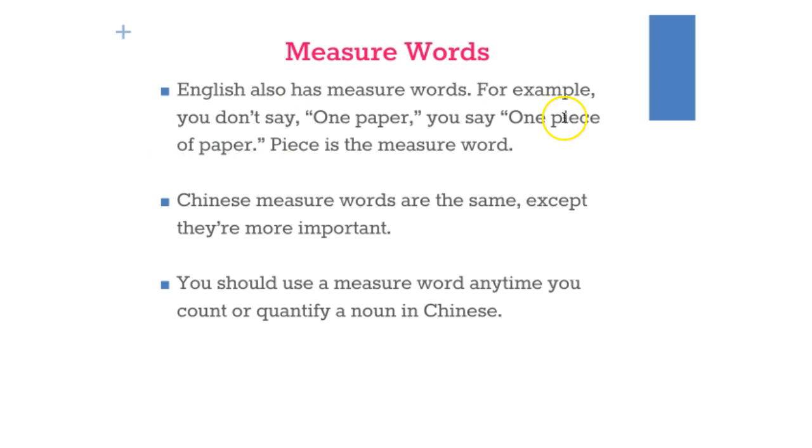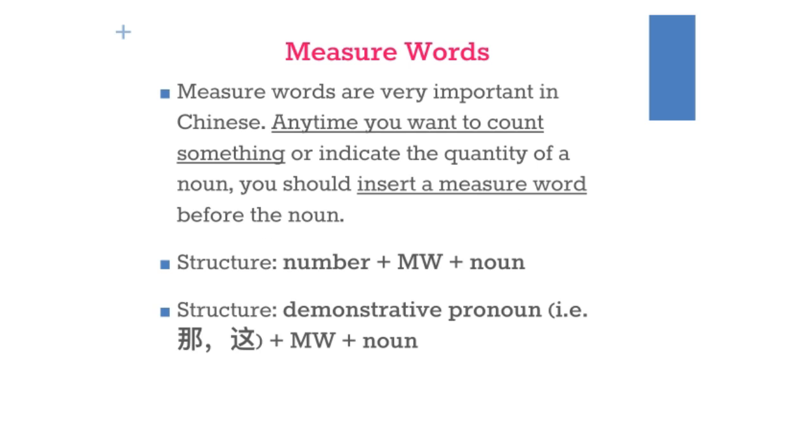And this filler word piece or cup is the so-called measure word. Essentially, a measure word is a word you're using to measure an amount. If I'm counting something, I'm trying to quantify it, I need to use a measure word. They're much more important in Chinese than in English.